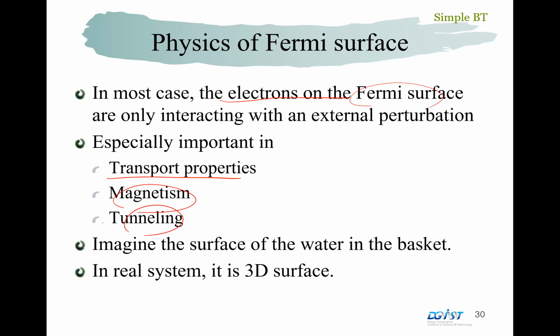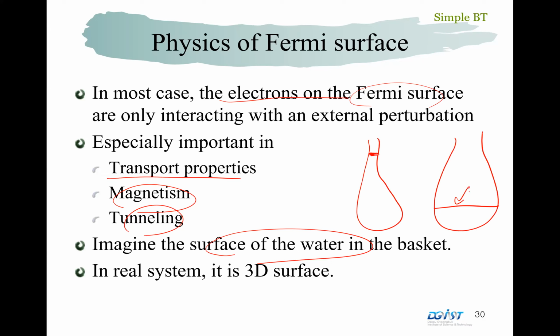Okay, so then I want you to understand the physical meaning of the Fermi surface. You may imagine the surface of the water in a basket. If you have such a shape and water is filling it, the surface of the water is very, very small. Maybe you have some experience with wine.